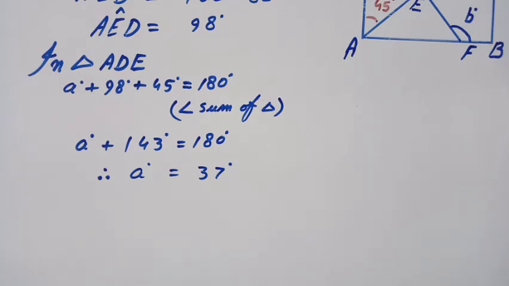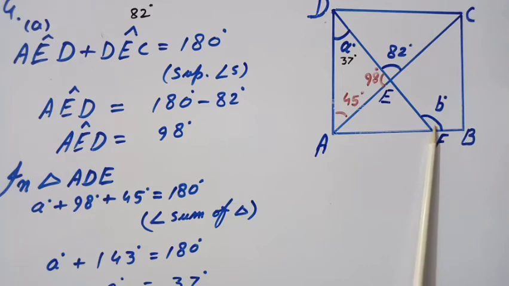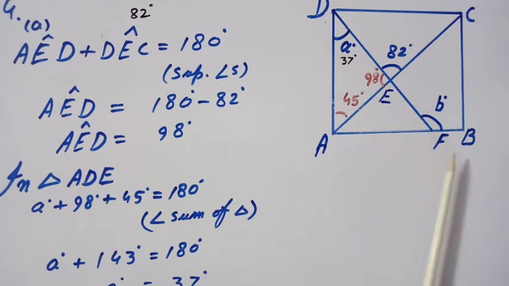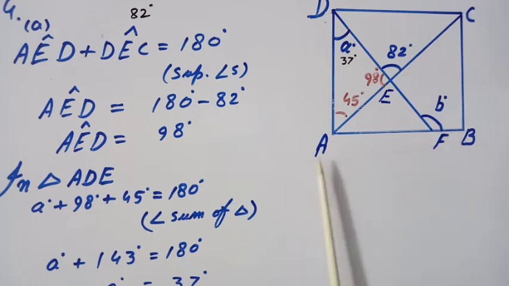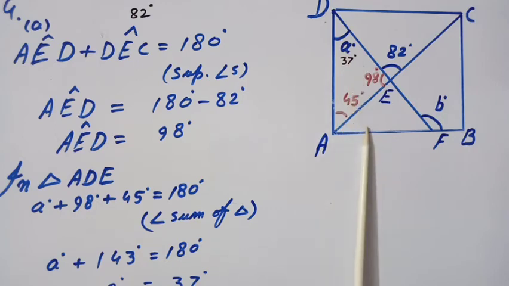Now we work out the second unknown angle, angle B. To find this unknown angle B, we'll consider the triangle ADF. Don't you think this angle B is an exterior angle for the triangle ADF, right? So this exterior angle would be equal to the sum of the opposite two interior angles.